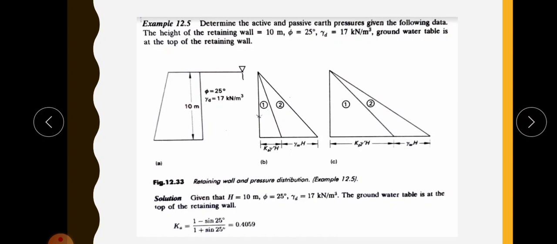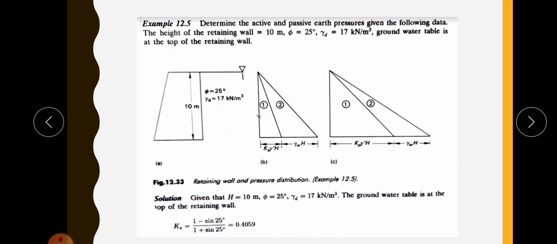We can assume 2.65. So we know G, and the unit weight of water is also a known value, so from that we can calculate the void ratio.